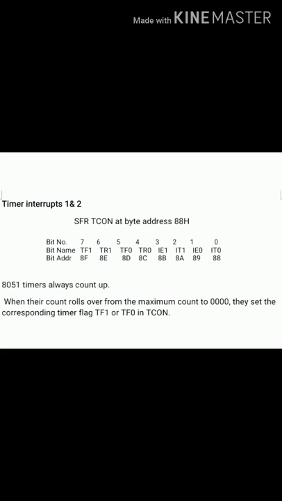TF1 is the 7th bit of the TCON register, and TF0 is the 5th bit of the register. Whenever these bits get set to 1, it means that the rollover of that particular timer has taken place. When rollover happens with TF1 and TF0, that particular timer interrupt is raised. So this was all about the interrupts. Thank you.